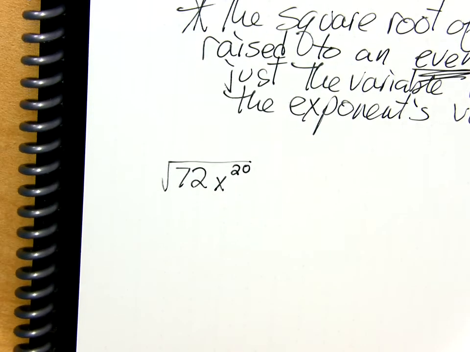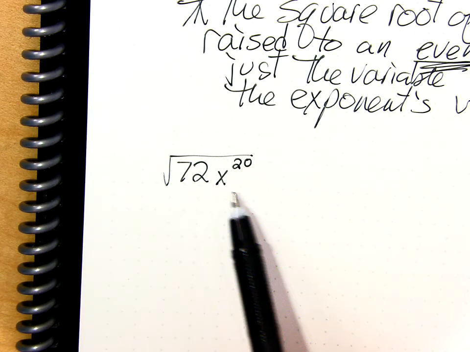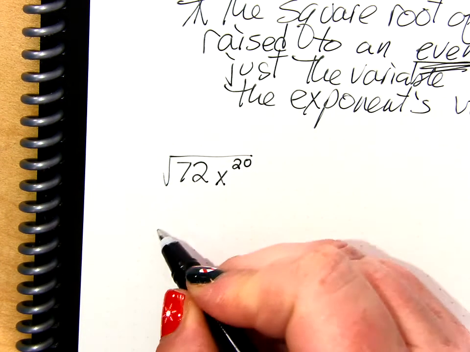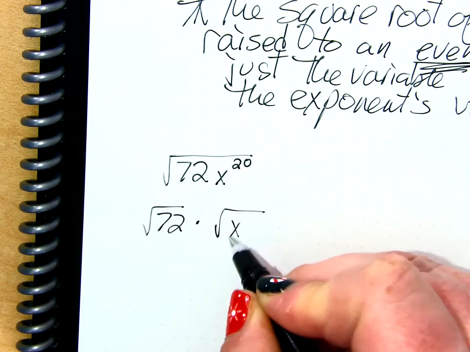Even though I have a coefficient and a variable here, I'm going to break them apart and deal with them separately. So I'm going to first split this into the square root of 72 times the square root of x to the 20th.